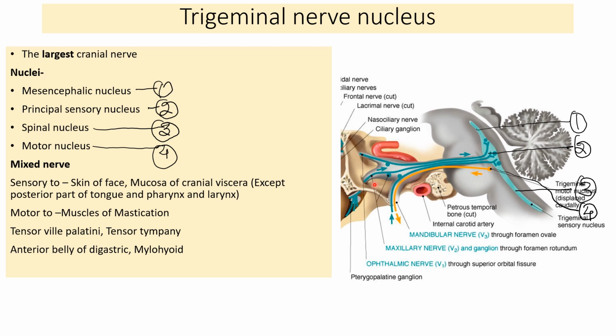So this is about the trigeminal ganglion, which is semilunar in shape, placed over the trigeminal impression at the apex of the petrous temporal bone. So let's see how the trigeminal cave is formed and what it is.